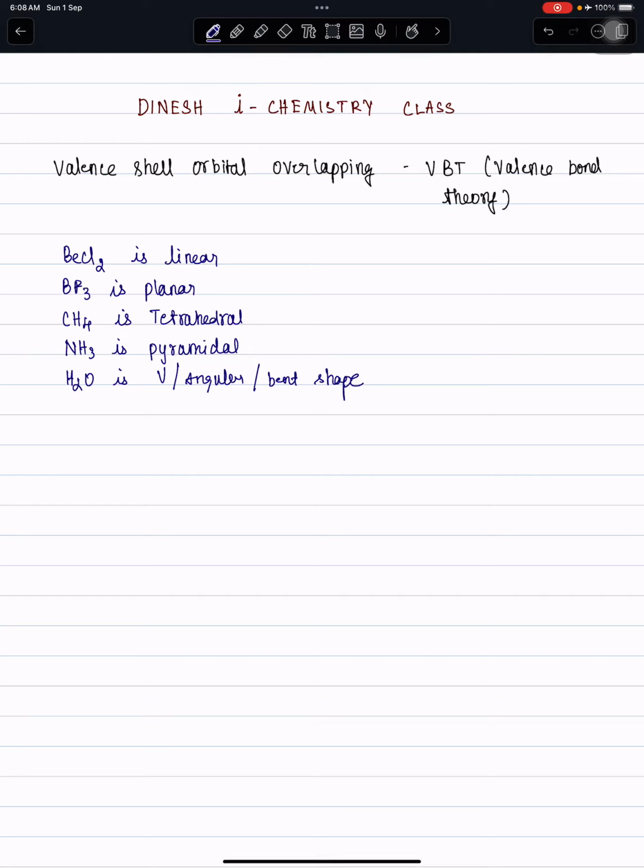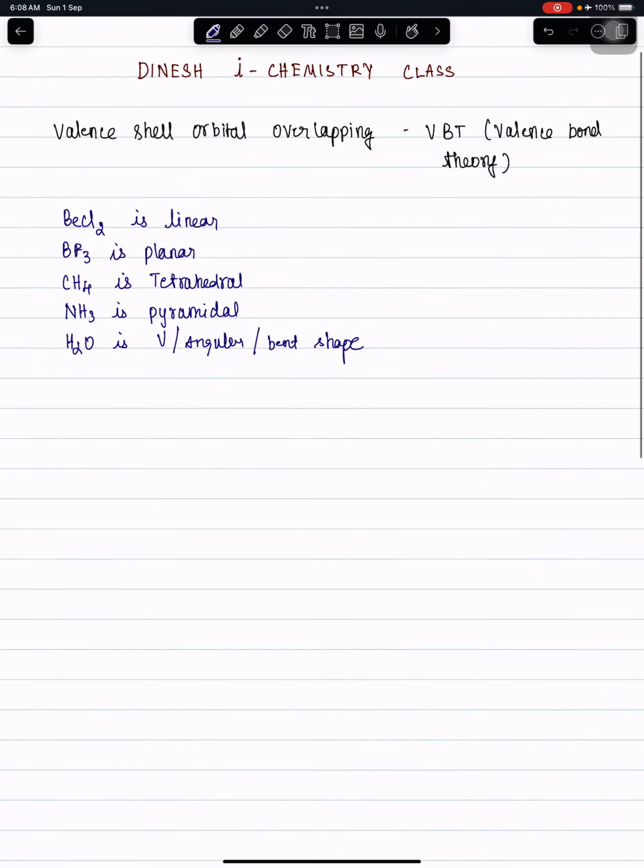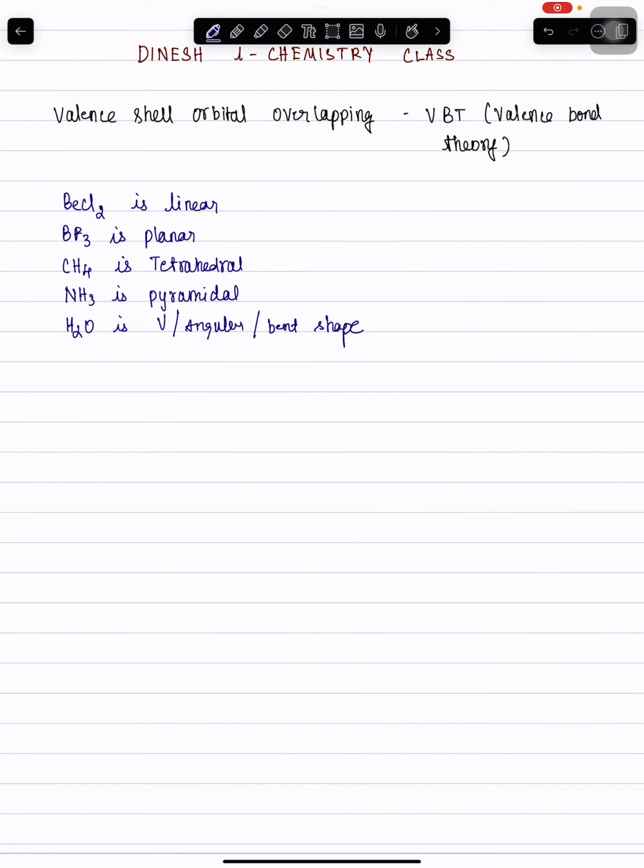So why do these molecules show different kinds of geometry and shape? These things cannot be explained by VBT. That's why VBT failed.